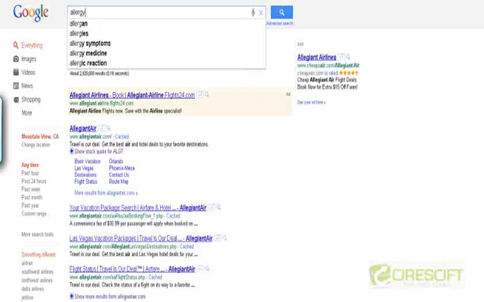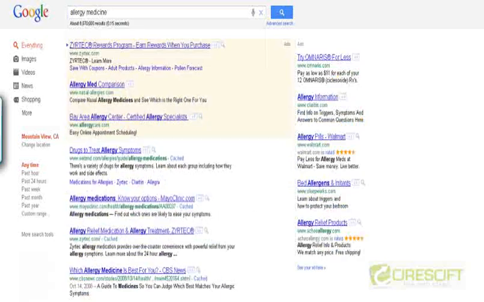So somebody searching for allergy medicine, for example, on Google would see a set of advertisements. So there are these advertisements at the top. You can see that they are labeled as ads, and on the right side. So these are advertisers who have advertised on Google, and they would pay Google whenever a customer clicks on a particular ad.